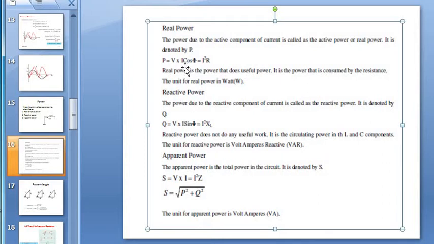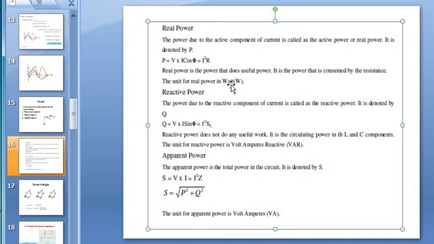The real component was I cos phi. It is also written as I square into R. Real power does the useful work in the circuit. It is the power consumed by the resistance. And we know that the unit of real power is watts.